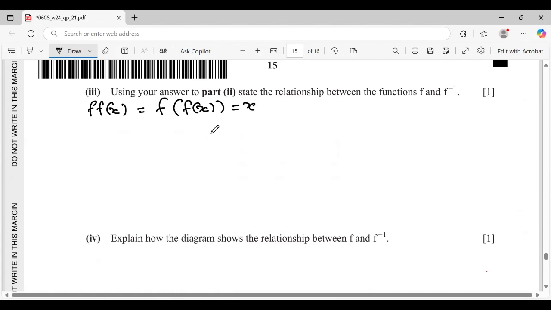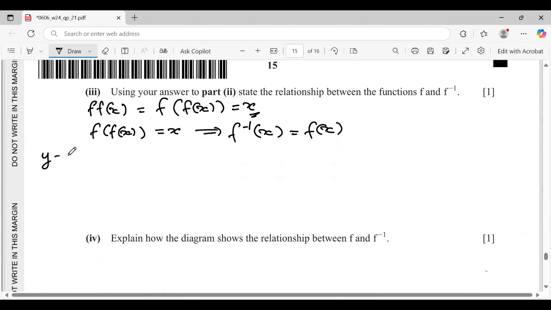This means that applying the function f twice gives us back the original input x. Therefore, we can state that f inverse of x equals f(x).